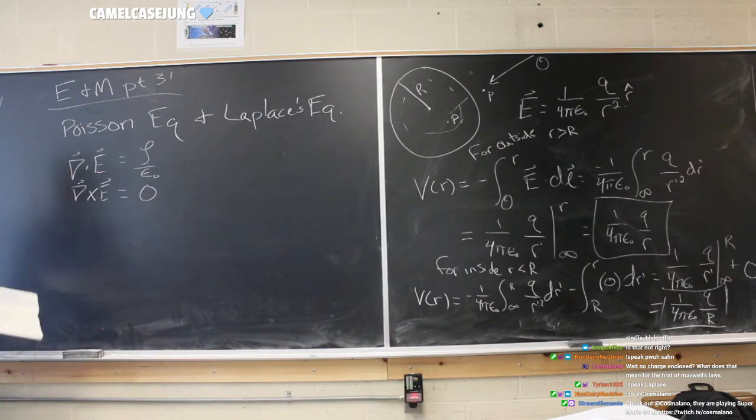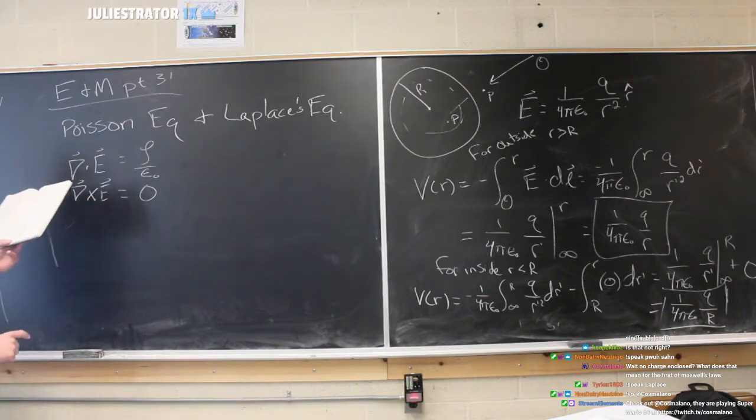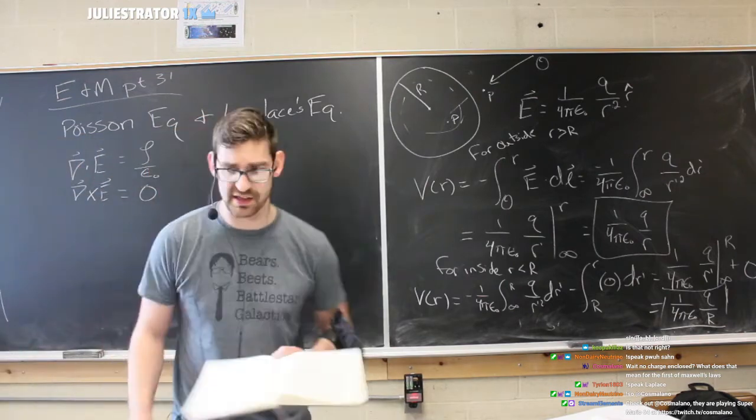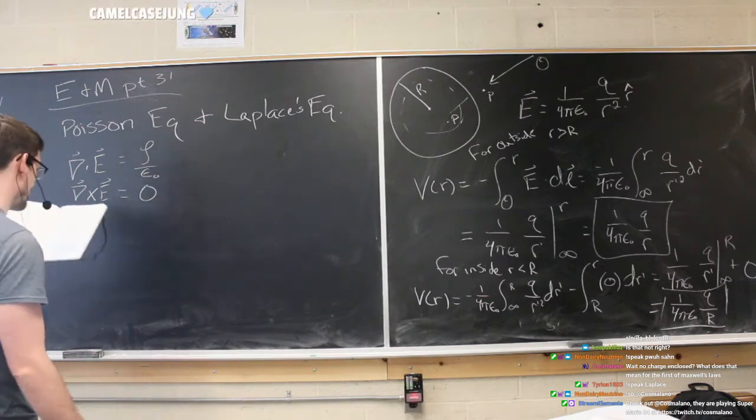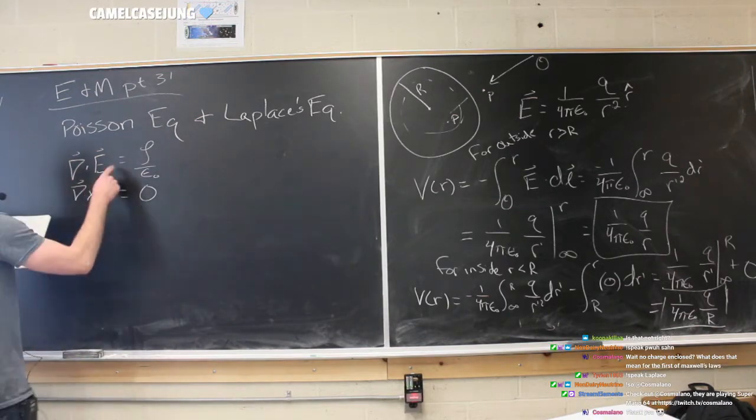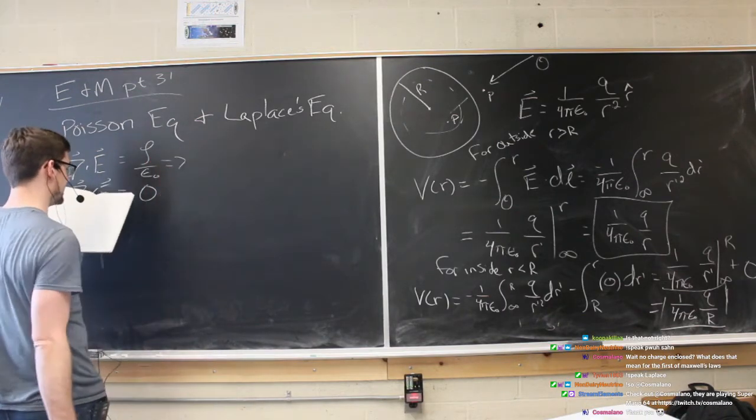Can we figure something out using E equals negative gradient of potential? I forgot the negative in the notes, so slap a negative on that gradient of potential there at the bottom of page 2. So let's start with this one. Can we derive it? Sure.